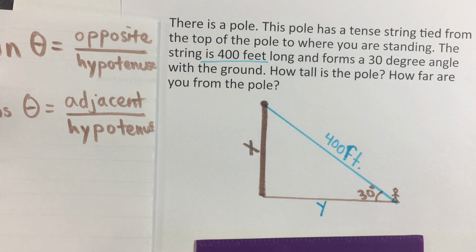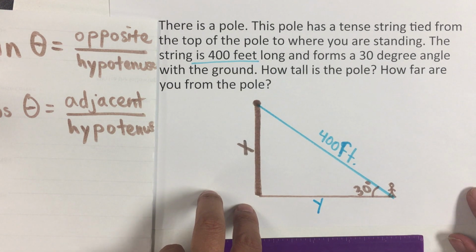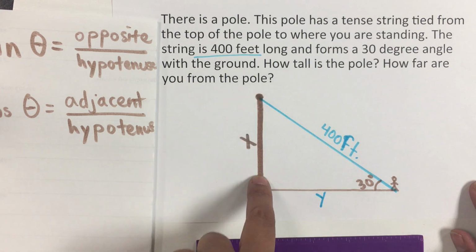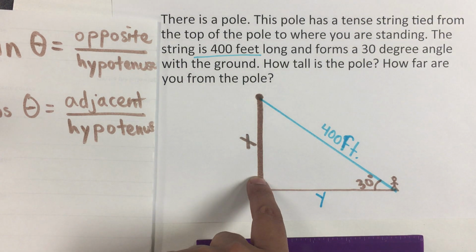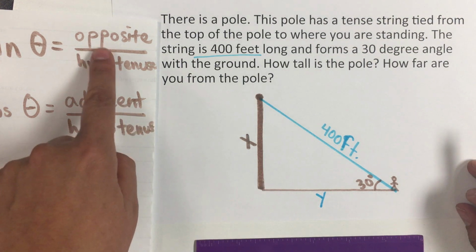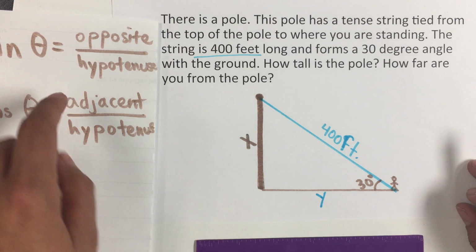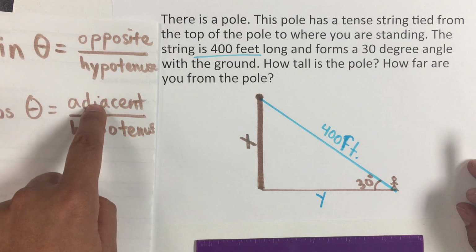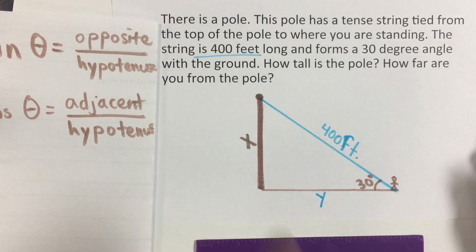Okay, so for the pole, meaning this, they're asking you that, and then you have the hypotenuse. Before I tell you, think of which one of the two you are using. Are you using the opposite side and hypotenuse, or the adjacent side and the hypotenuse? And while you think that, let me get my calculator because we're going to need that.